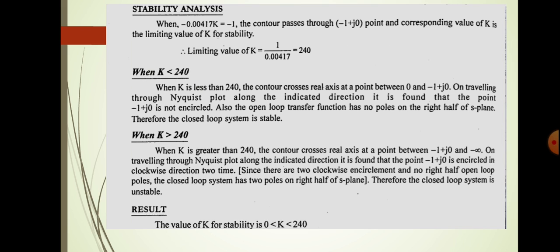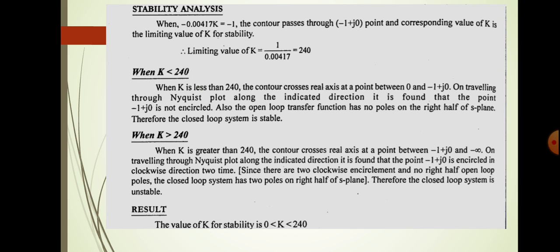This is the first Nyquist stability criterion we have discussed. In that case, with no encirclement of the minus 1 plus 0j point and no poles on the right half of the S-plane, the system will be stable.